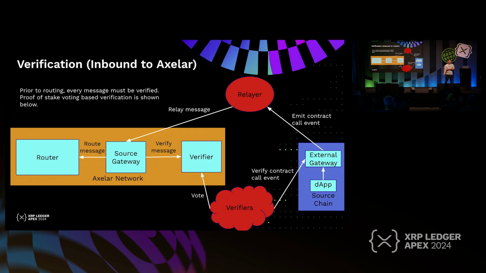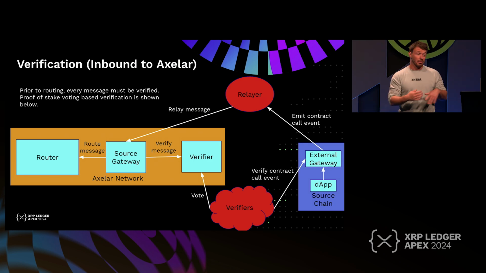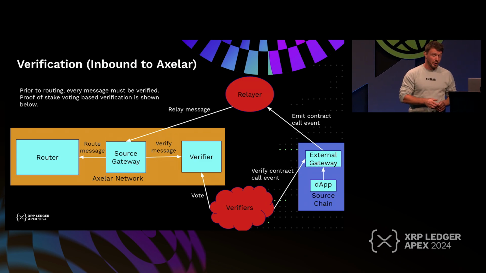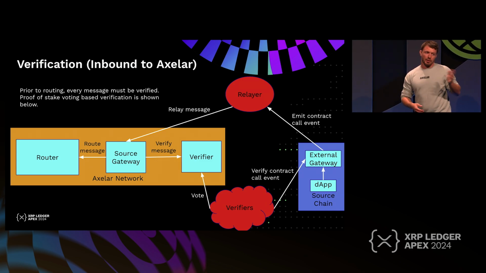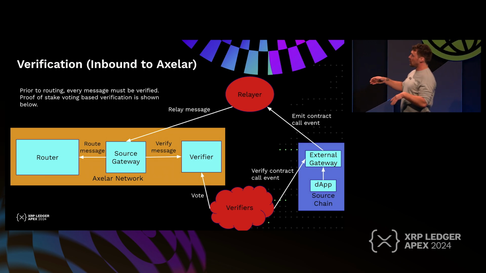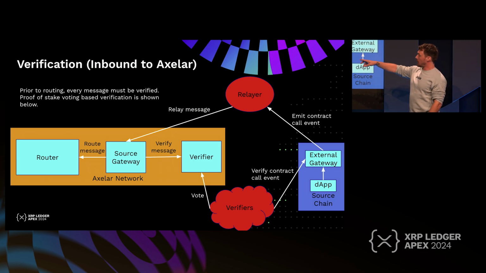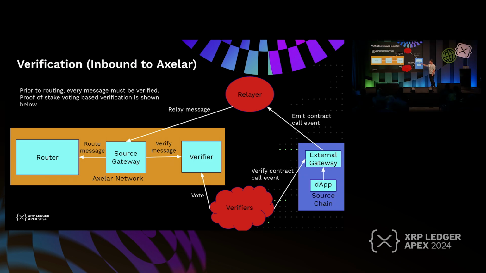So you charge a decent amount of gas up front to make sure that you don't get hit with spam, because otherwise people will spam it. And you can refund people if they pay too much gas. We also charge a decent amount of gas for the method calls that do the routing on the Axelar network. We add a little bit extra just to make sure people don't spam it. So those are the things.